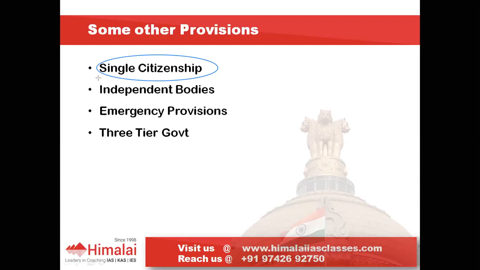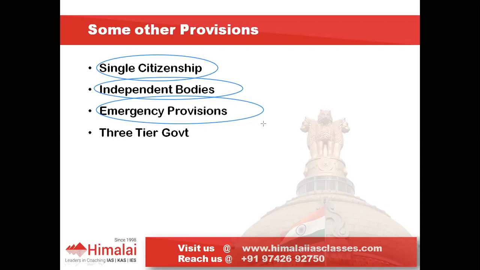Then the Constitution also has created a lot of independent bodies which are bulwarks of democracy, like the Election Commission, UPSC itself, Finance Commission. Then our Constitution has emergency provisions in order to deal with some emergency situations. This is not a very modern provision, but still we have it in order to deal with crisis situations.